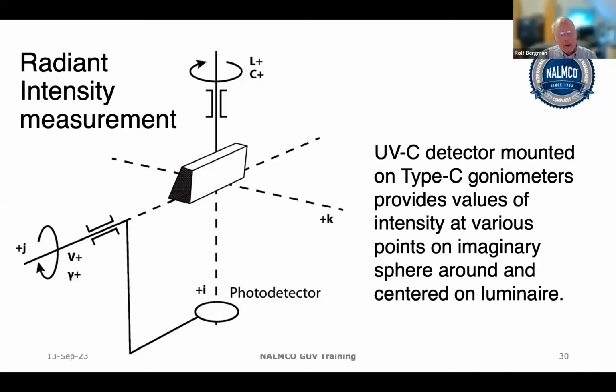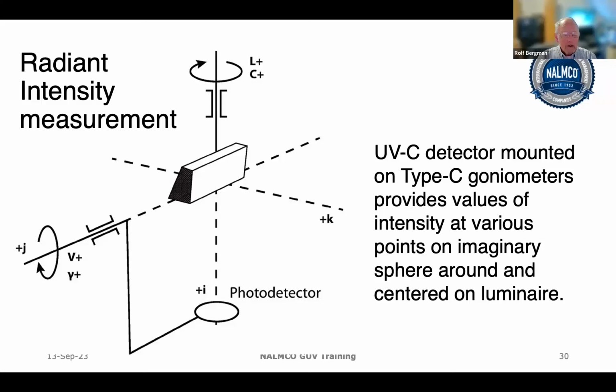So this is looking at a type C goniometer. In the visible region, we often use mirror photometry, but mirrors don't work very well in UVC. Glass does not transmit or reflect. So we basically have a UVC detector mounted on another arm, a given distance away.